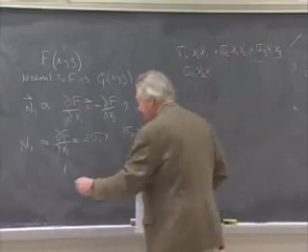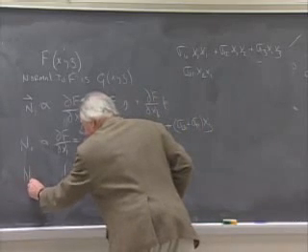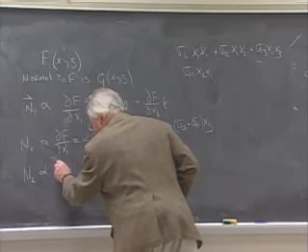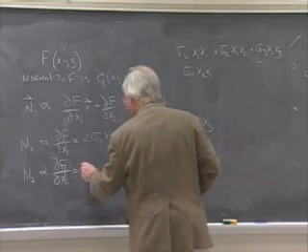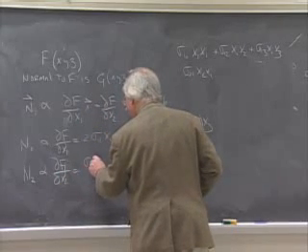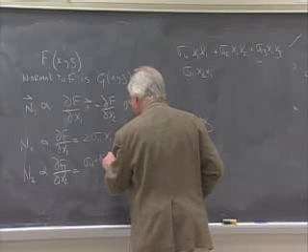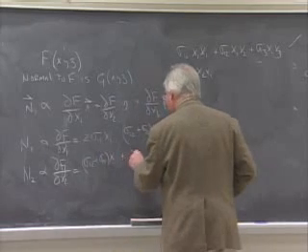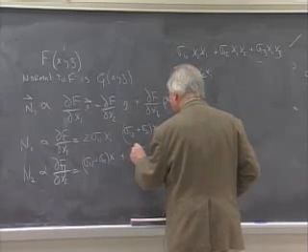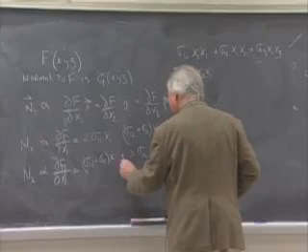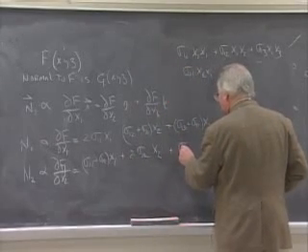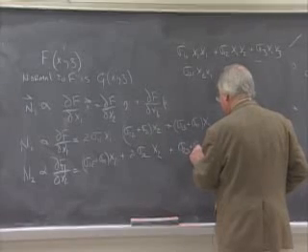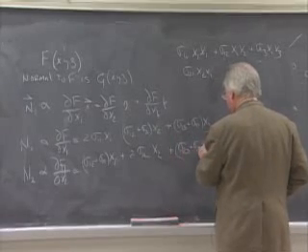And a similar thing for the x2 component of the normal. That's going to be proportional to the gradient with respect to x2. And that's going to be equal to sigma 1,2 plus sigma 2,1 times x1, plus 2 sigma 2,2 times x2, plus sigma 2,3 plus sigma 3,2 times x3.